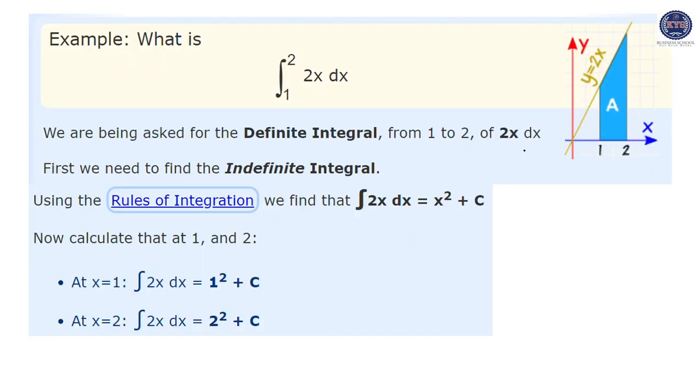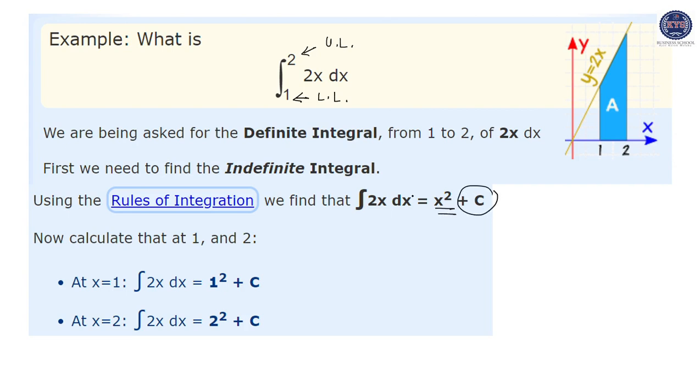Over here I provide an example, you can go through it. I'm using the integration of 2x with respect to x from 1 to 2. Therefore, our lower limit is 1 and our upper limit is 2. If we integrate 2x, you get x squared plus c.